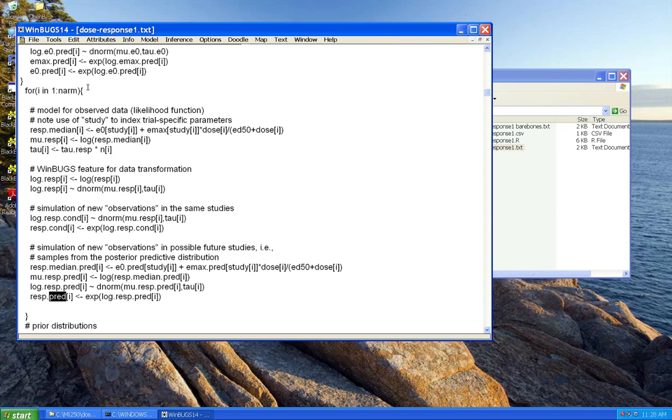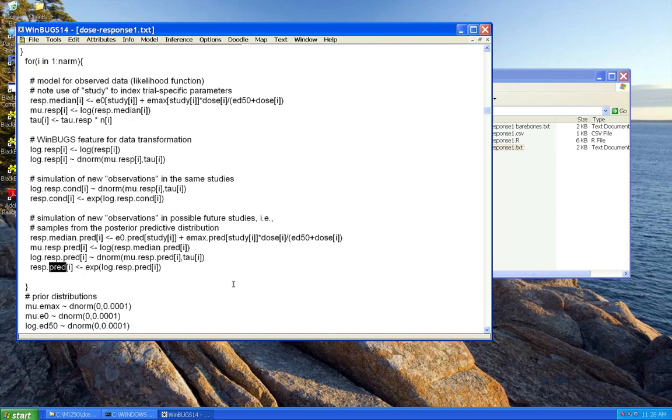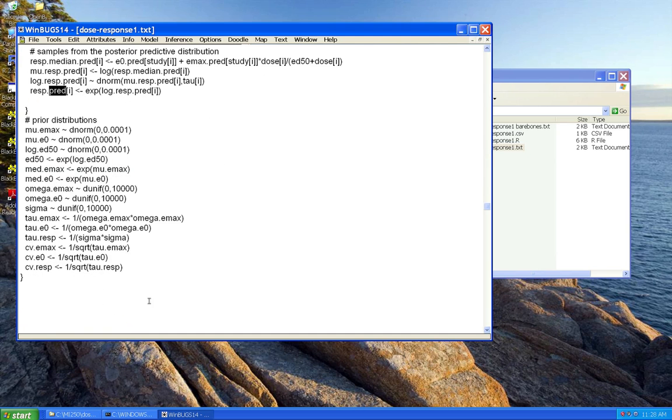They're conditioned on values of our random effects for hypothetical new studies. They're basically simulated random effects rather than fitted random effects. Okay, so we're going to generate plots for both of those things.